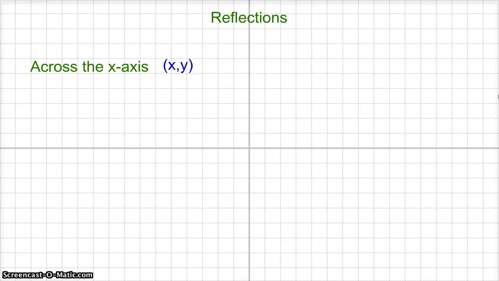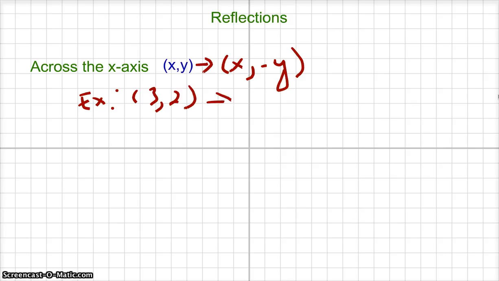If you have your original x, y, then when you cross over the x-axis it goes to positive x, negative y. The y doesn't necessarily have to be negative, that just means that the sign is going to change. Then I want you to put a little example underneath it. If you had 3, 2, when you reflect over the x-axis, it will become 3, negative 2.